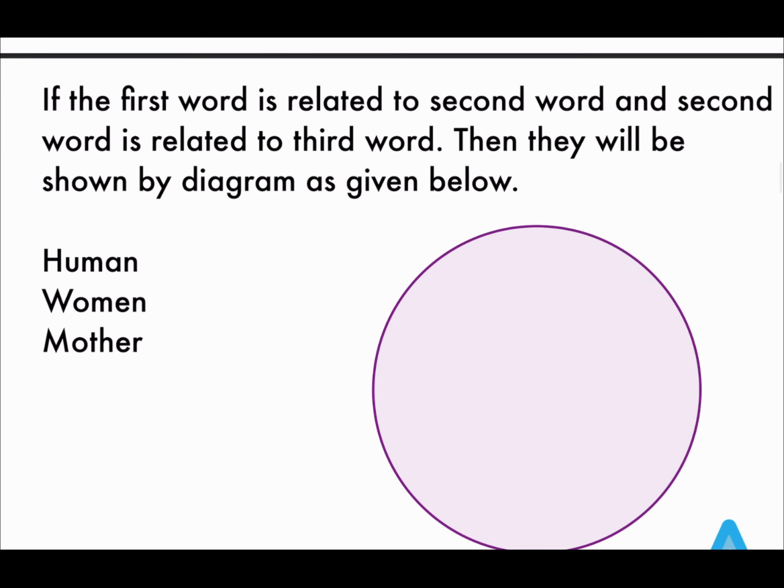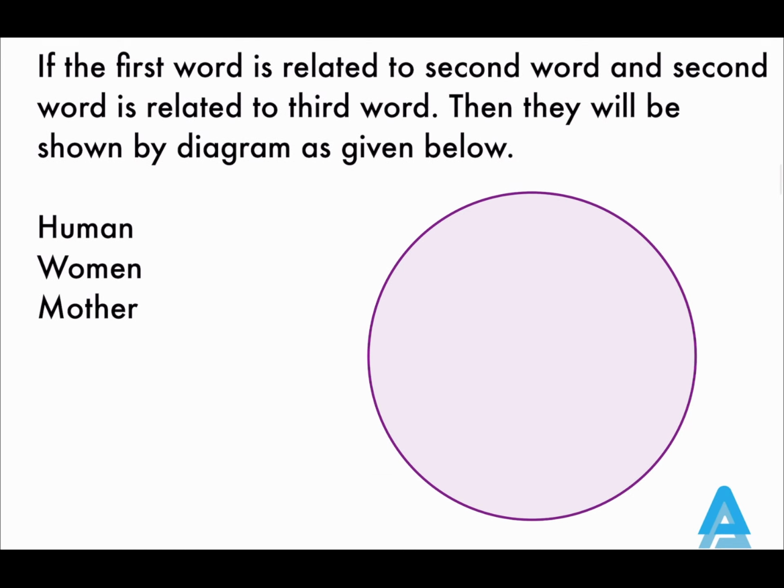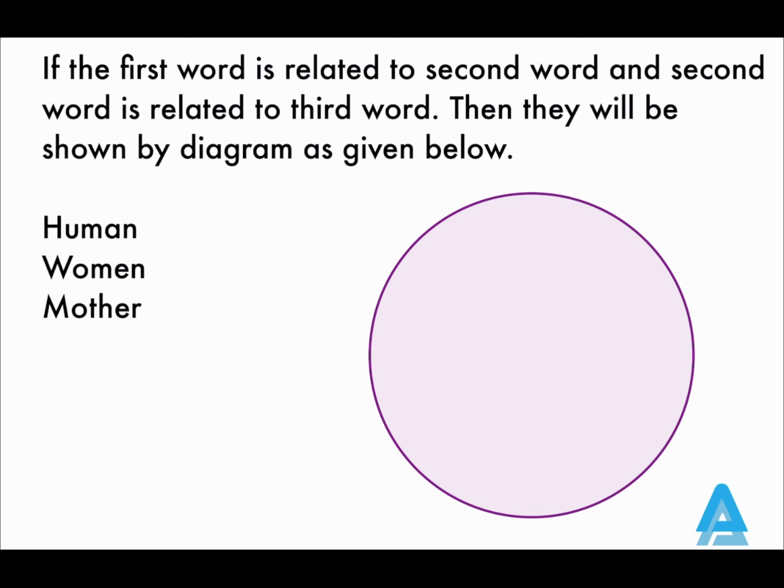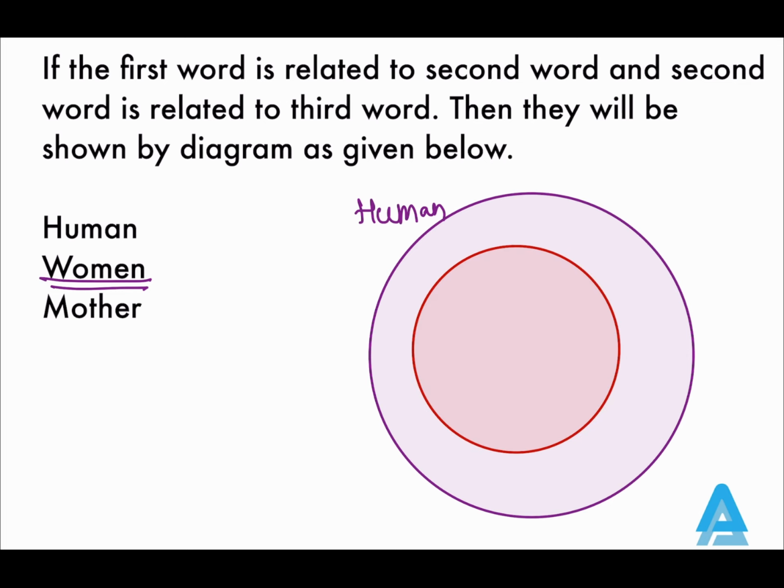Now if the first word is related to the second word and the second word is related to the third word, then they will be shown as given. Obviously our bigger circle is going to be human, and all women are human, so women are part of human.